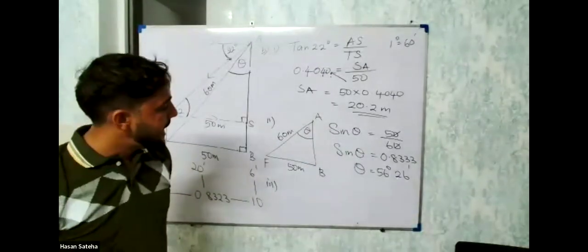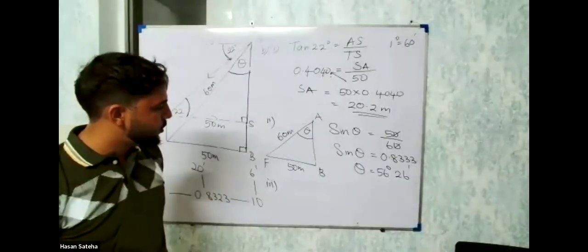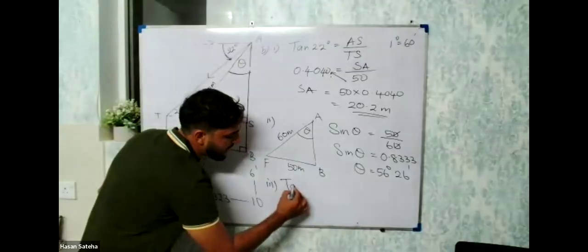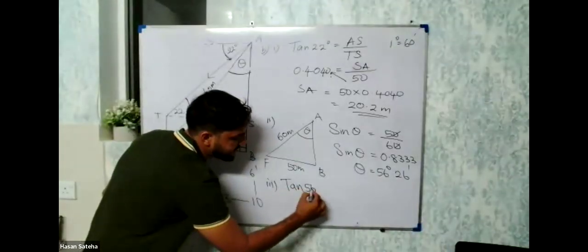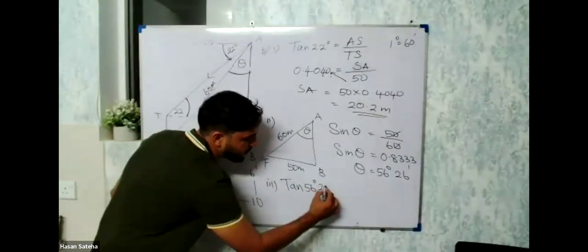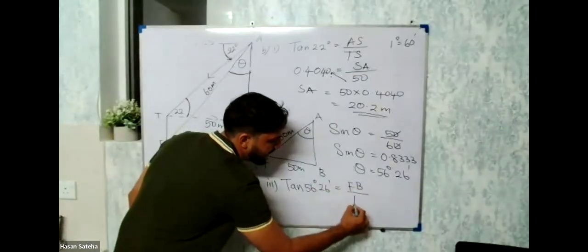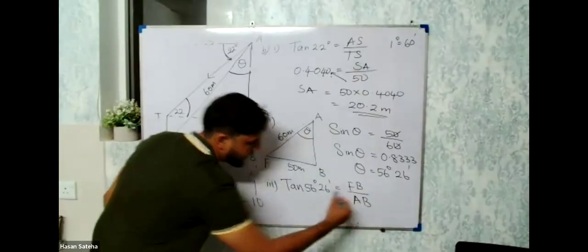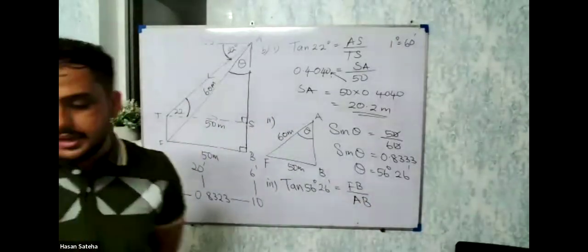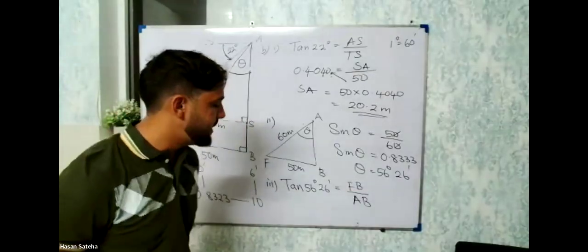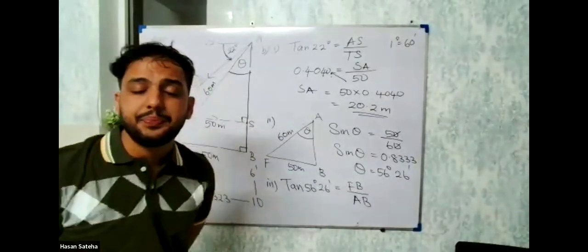Tan 56, right? So tan 56 will give us the idea. So now you can write tan 56 degrees and 26 minutes is equal to FB over AB, right?